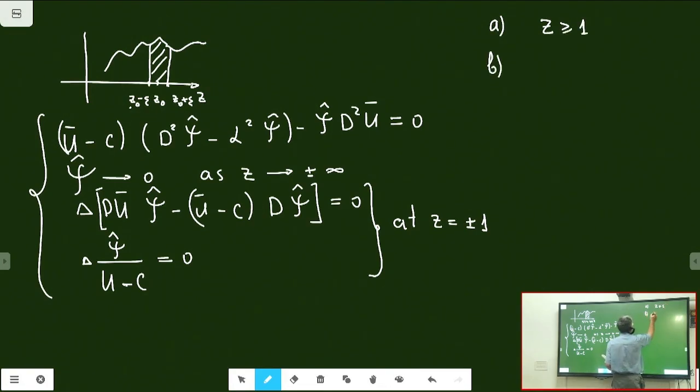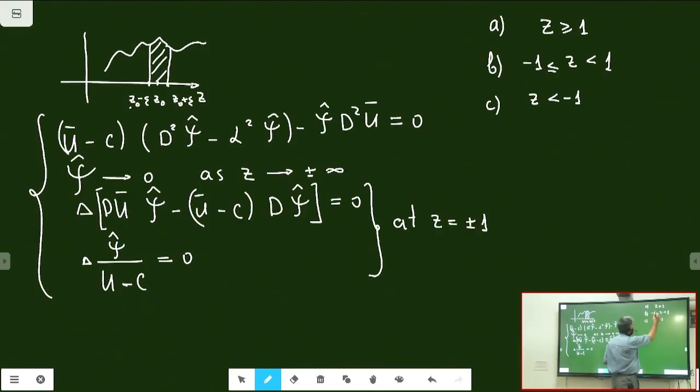Region B, minus 1 less or equal than z, less than 1. And C is z less than minus 1. So you have 3 regions, and you need to solve this problem there.